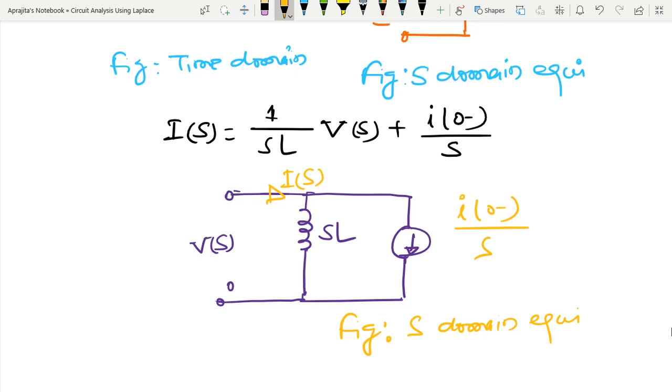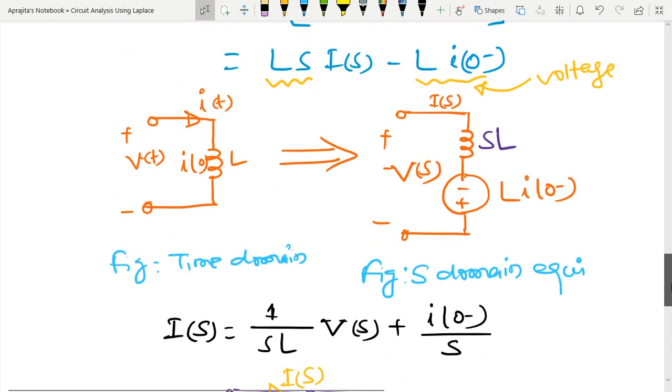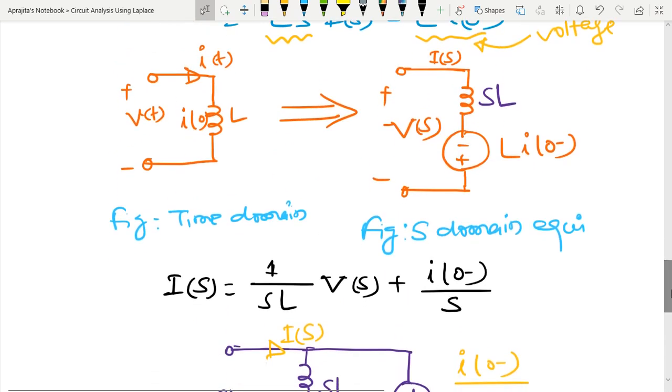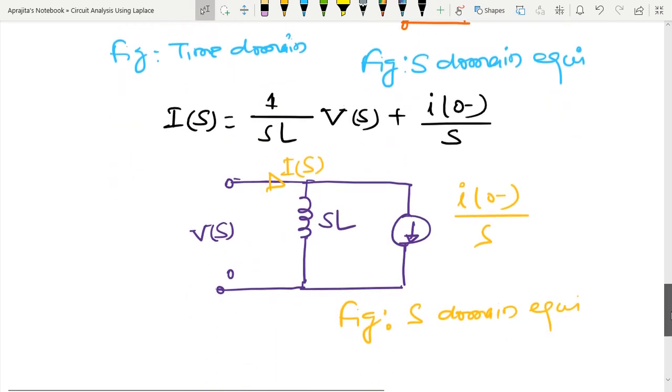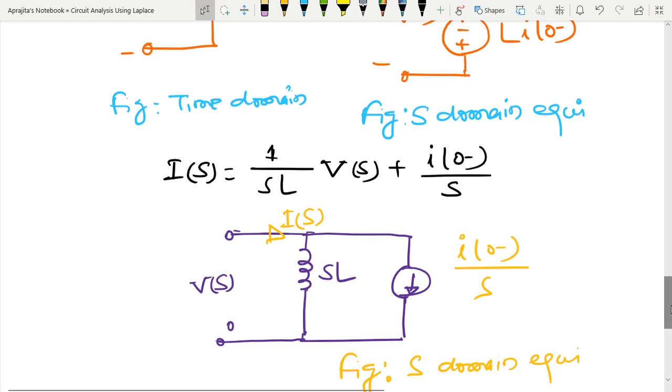I can either represent the time domain circuit like this, or in the form of a voltage source, or in the form of a current source. And from here you are also able to understand the conversion from the voltage source to the current source. So both are valid here. So that kind of thing I am not going to discuss.